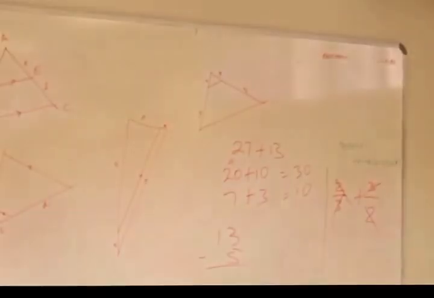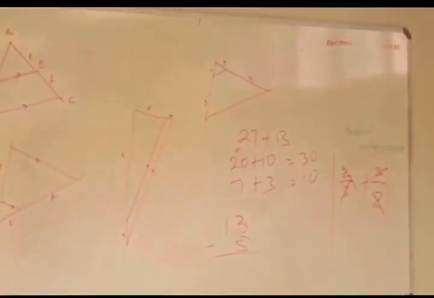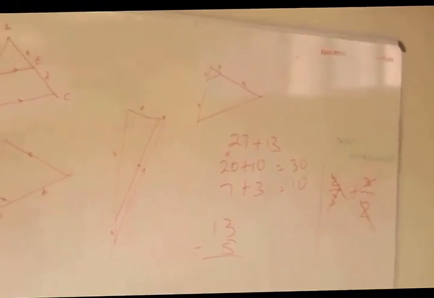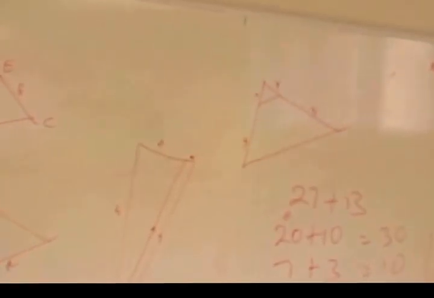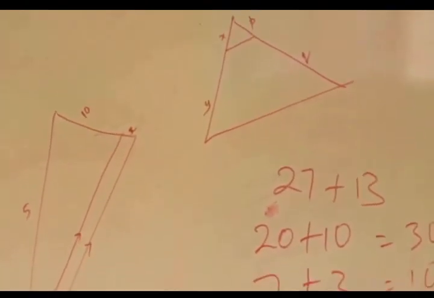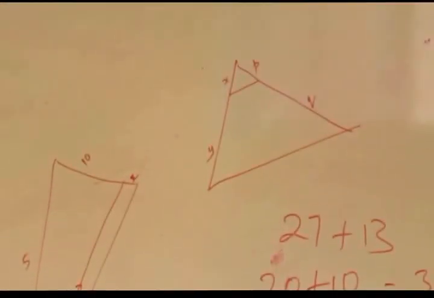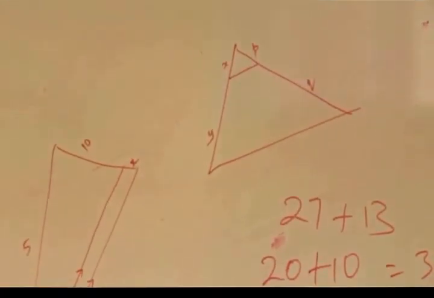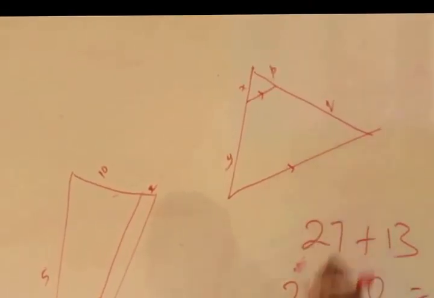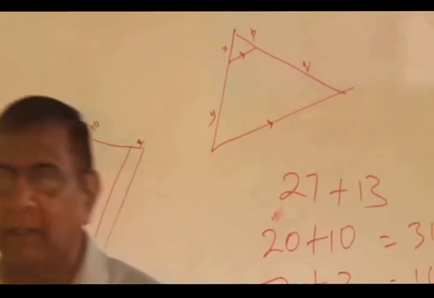X over Y is equal to P over Q. And I will tell them that that's wrong. Why? Because I said nothing about those two lines being parallel. Isn't it? I said nothing at all. Of course that's what I meant. I may have forgotten to put that, but unless I write that they are parallel or indicate that they are parallel, that theorem would not hold. And so would the converse.